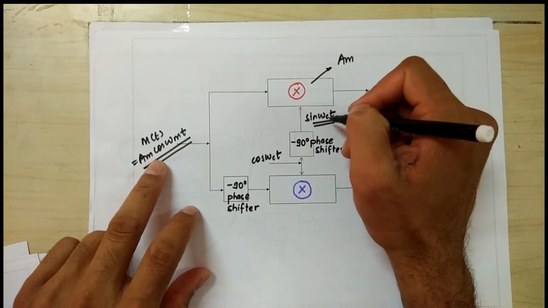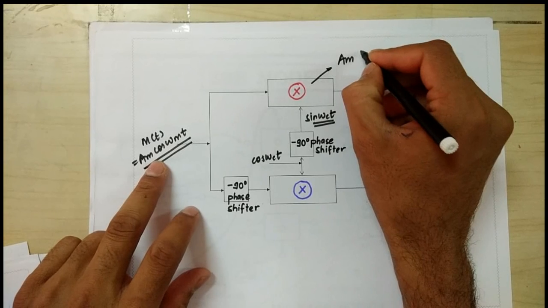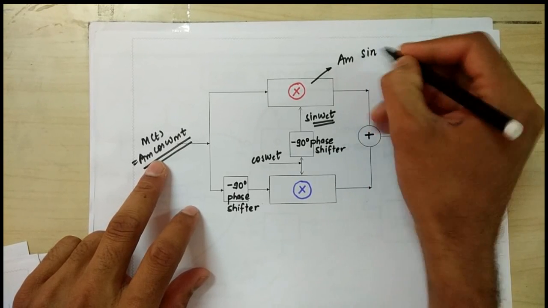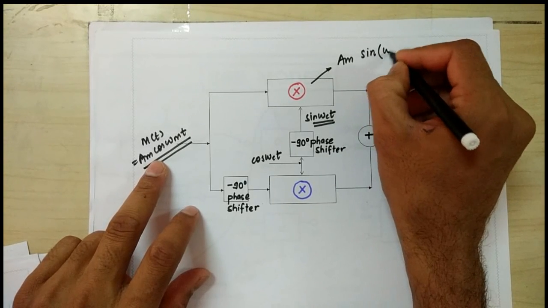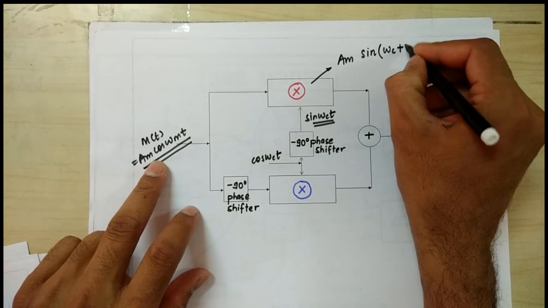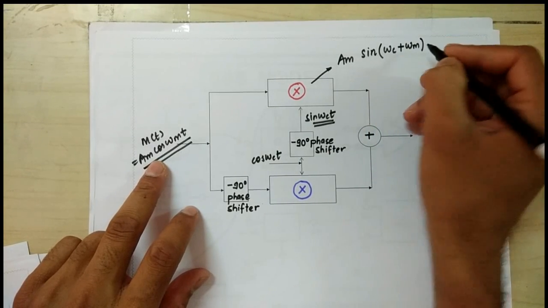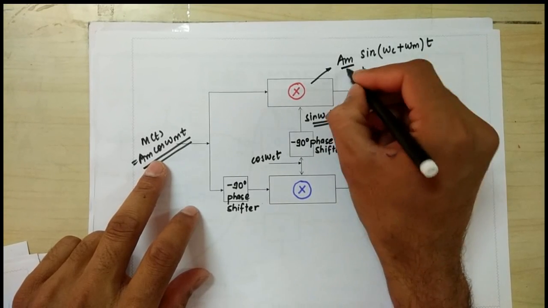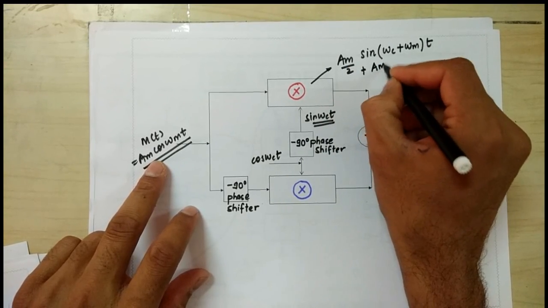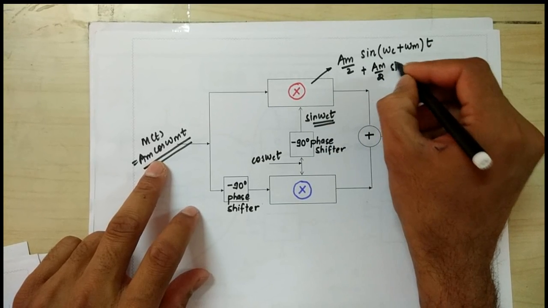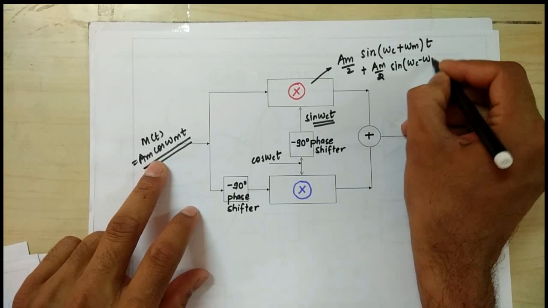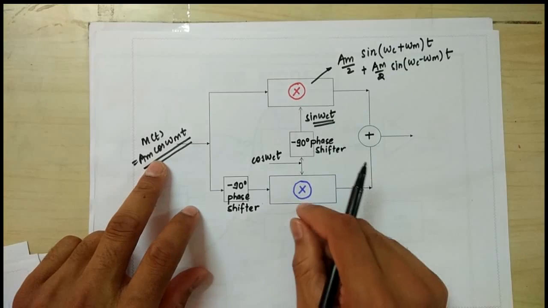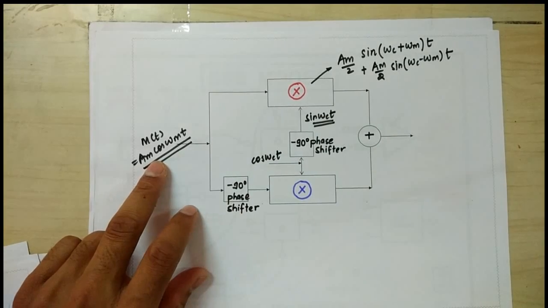This is the sin A cos B formula, so it becomes AM by 2 sin of omega c plus omega m t, and the second term is AM by 2 sin of omega c minus omega m t.